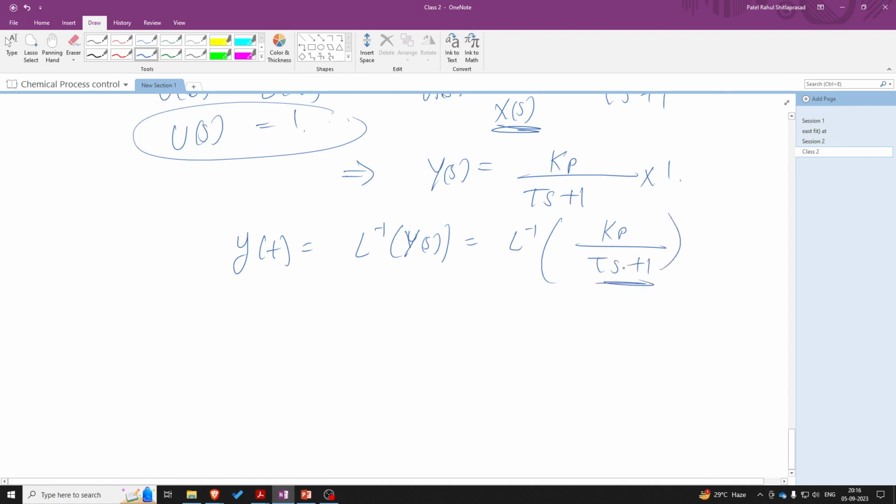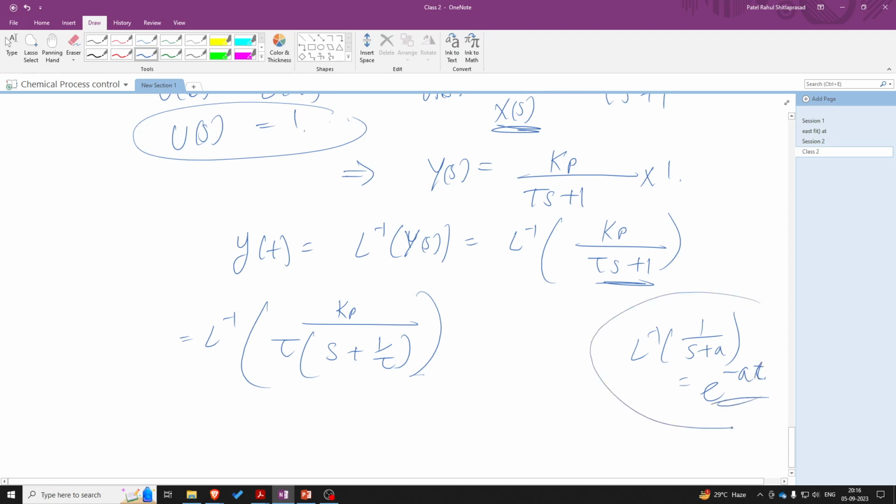So this thing we can also write it as Kp upon tau, we take it as common, 1 upon s plus 1 upon tau. And we know that the Laplace inverse of 1 upon s plus a is e raised to minus at.